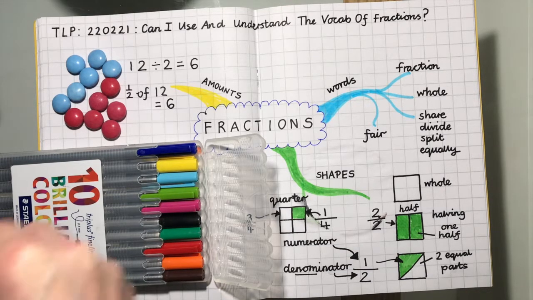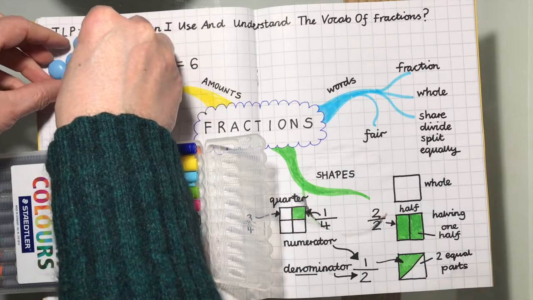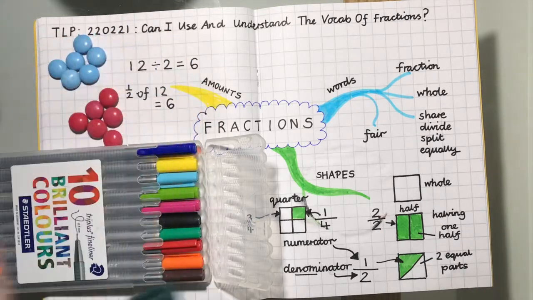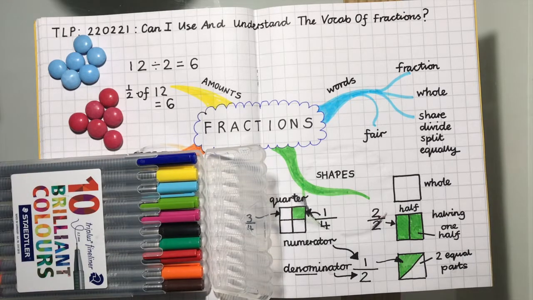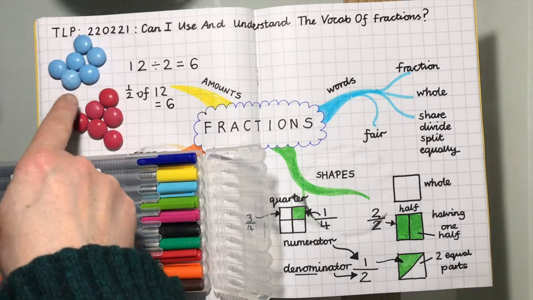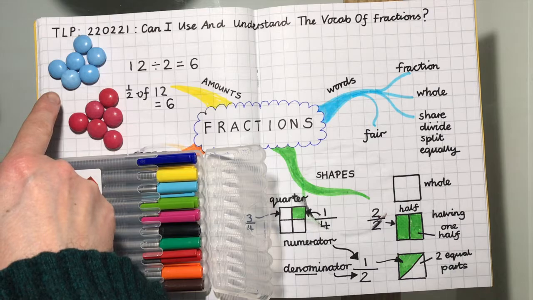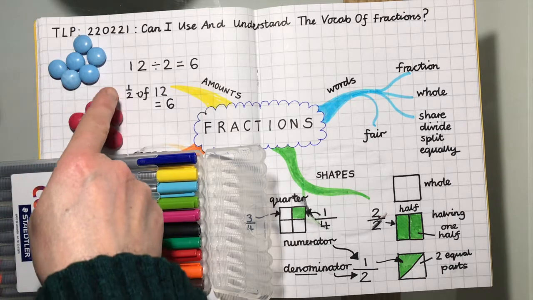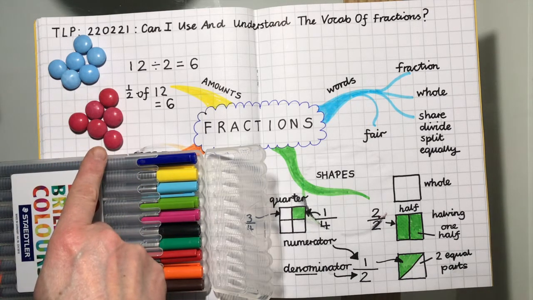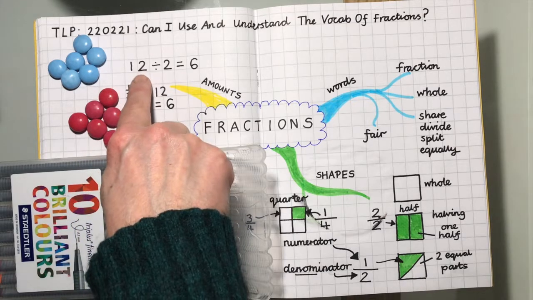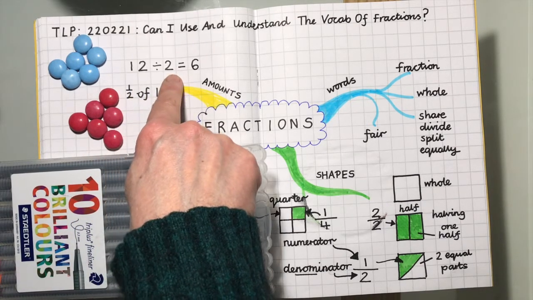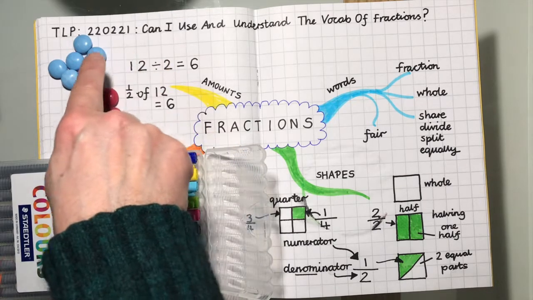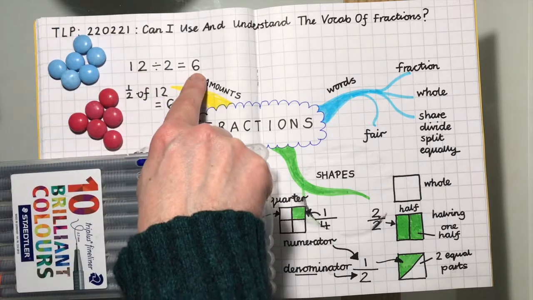And I can easily split my set of 12 into 2 equal groups. And you can see that half of my 12 Smarties are blue and the other half are red. So this number sentence is saying that if I've got 12 things and I share them between 2 people, each person would get 6.